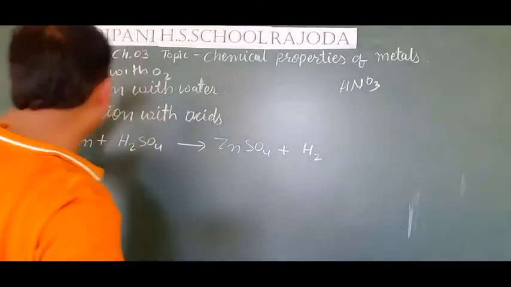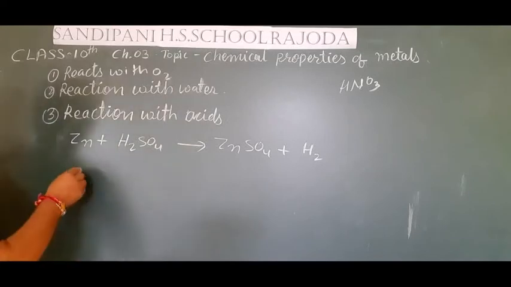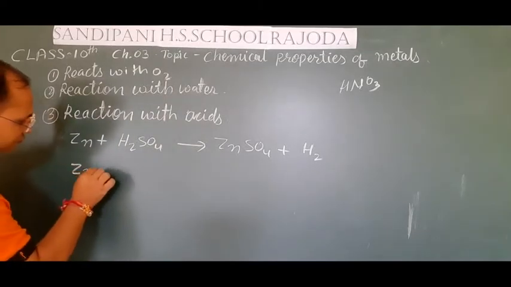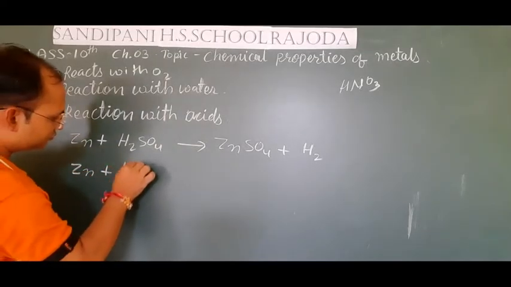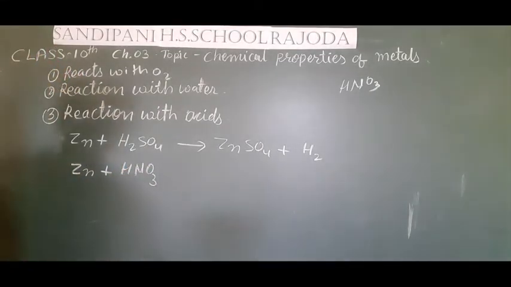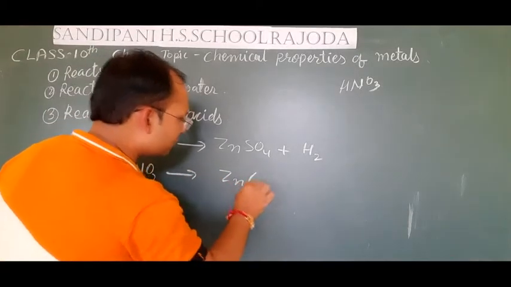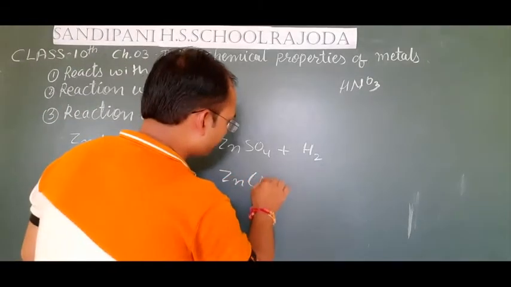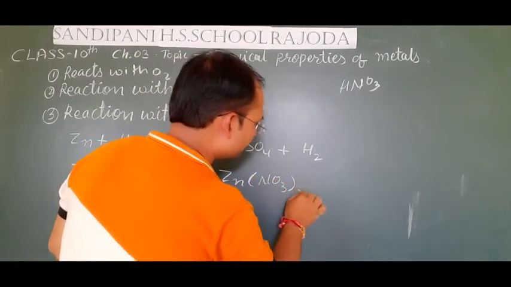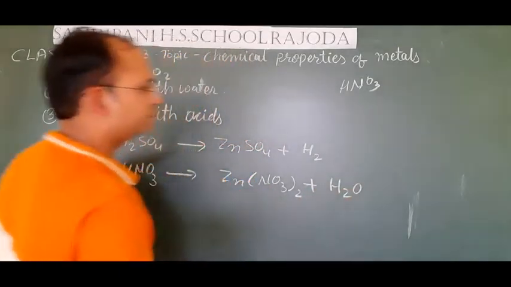Let's see a reaction. When zinc reacts with HNO3, the chemical formula of nitric acid, then it gives Zn(NO3)2 plus H2.